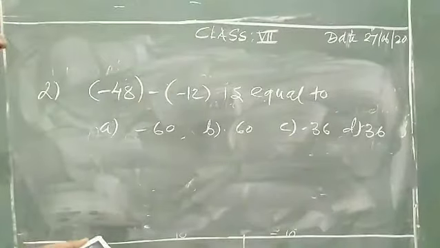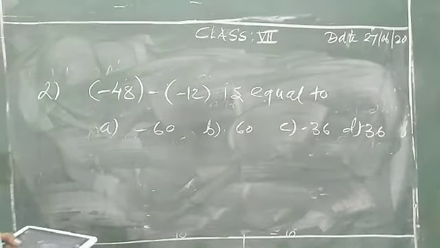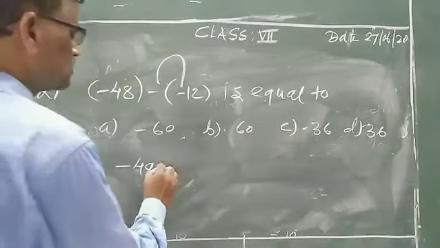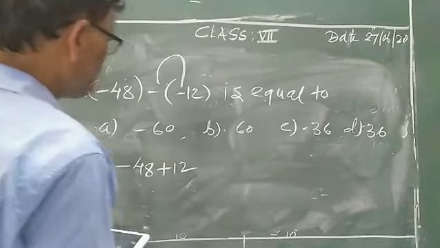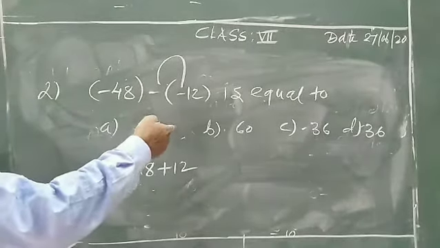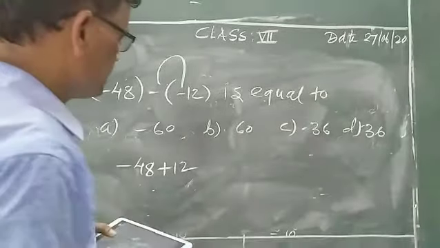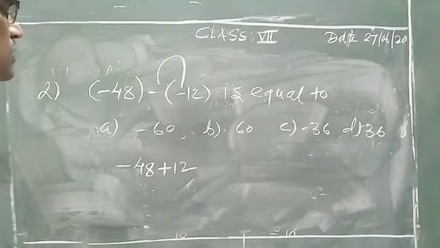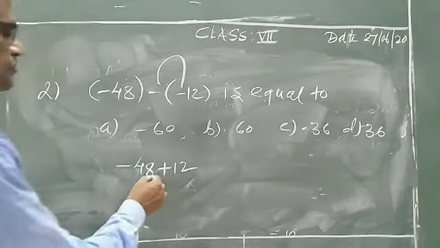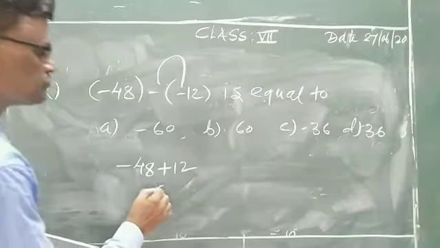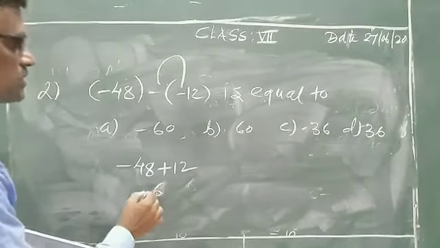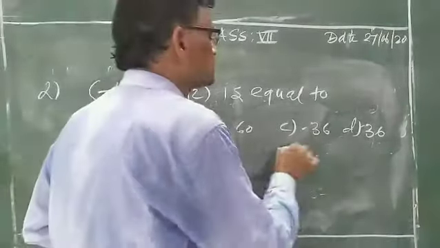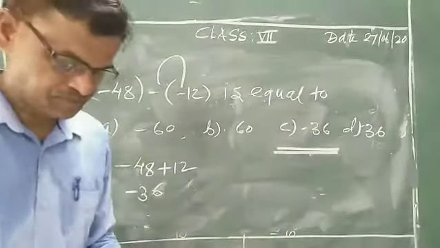When we solve this problem, negative 48 divided by positive 12, a negative divided by a positive gives a negative, so the answer is negative 36.